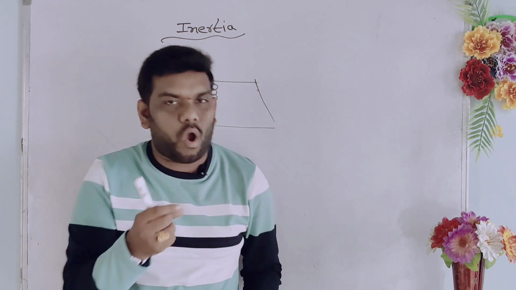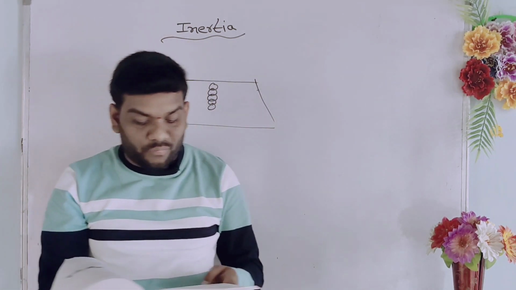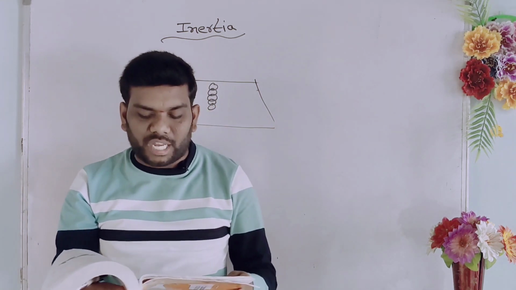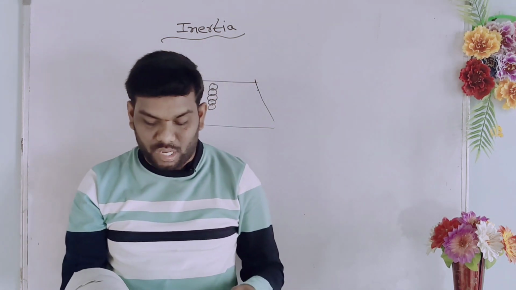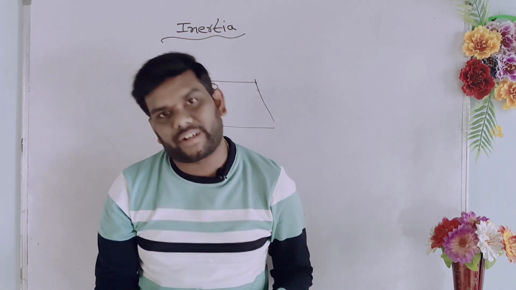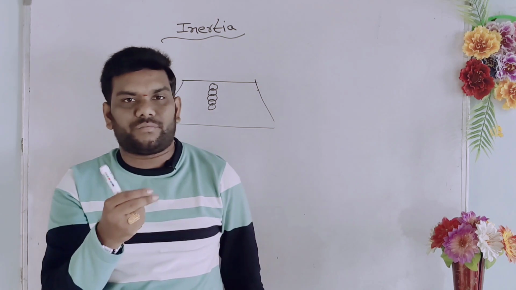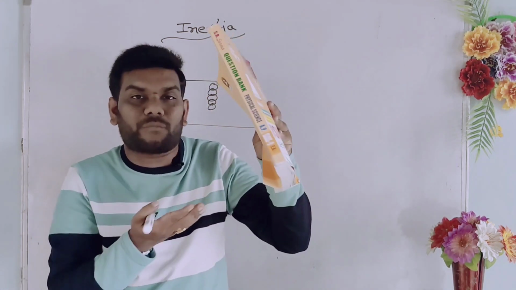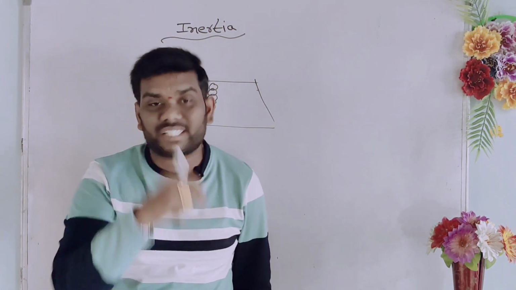So if we hit the bottom of the coins with a striker, only that bottom coin goes forward and all the others just settle down. That is called inertia of rest. So when you hit with the striker, only that coin hit by the striker experiences the force and comes into motion. Yes, this explains inertia. The bottom coin is removed and the remaining coins settle down. So that is called inertia of rest.